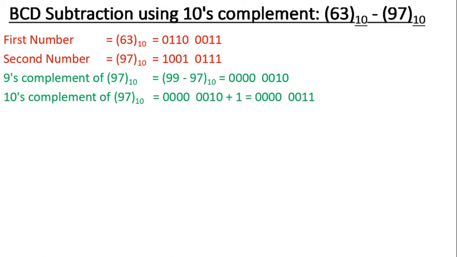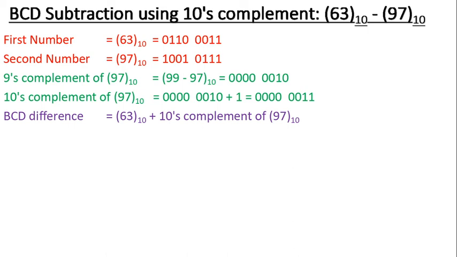In the case of this complement operation, the first number is added with the 10's complement of the second number. So in the subsequent step, the BCD difference of this given problem is nothing but the first number, 63 decimal, plus the 10's complement of 97 decimal. This addition is to be performed here.